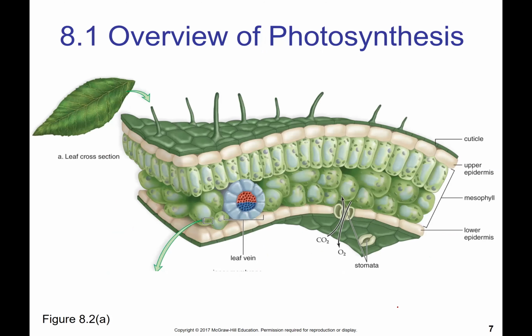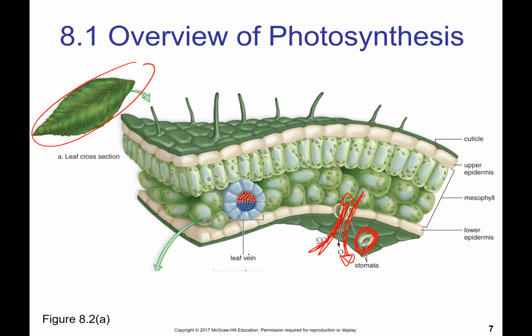So right here we have the leaf of our plant. We have our stomata opening and closing, so it lets carbon dioxide in and it lets oxygen out. The stomata open and close. It has what's called guard cells that open, let carbon dioxide in and oxygen out.